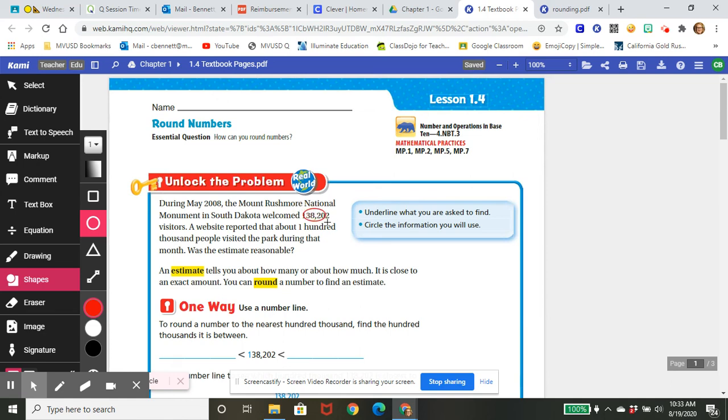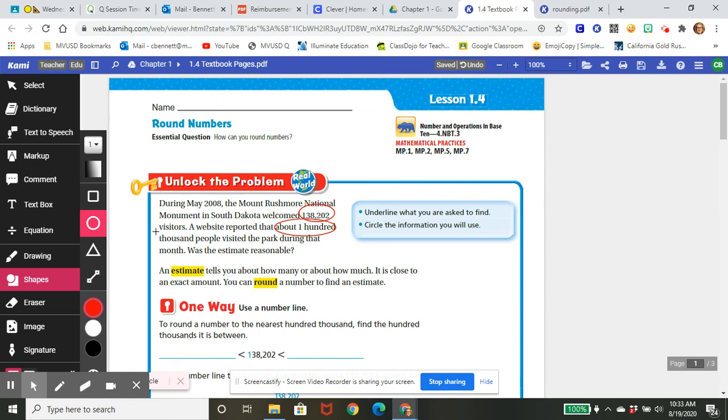Sorry, let me get a better circle. A website reported that about 100,000 people, so I'm going to circle that because it's words, but it's numbers.